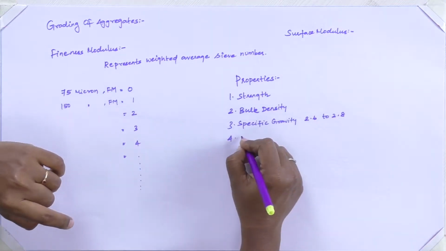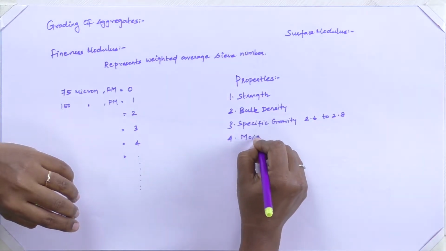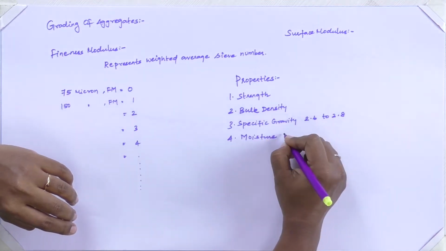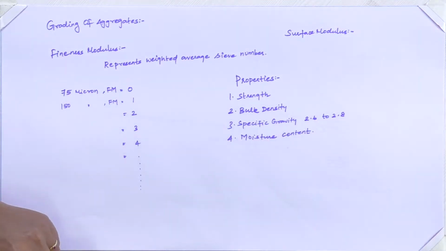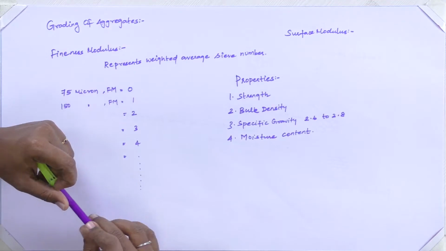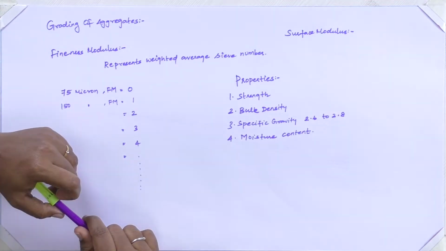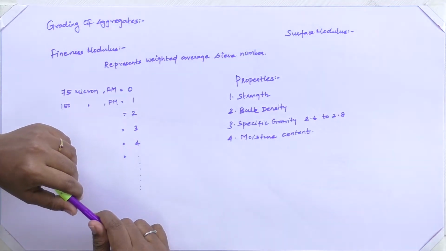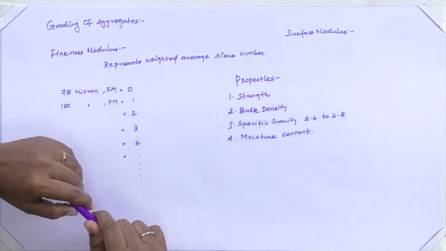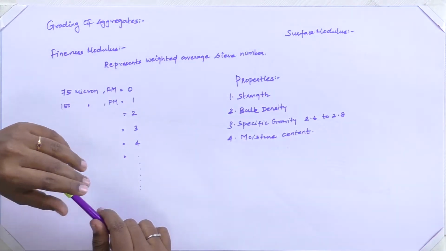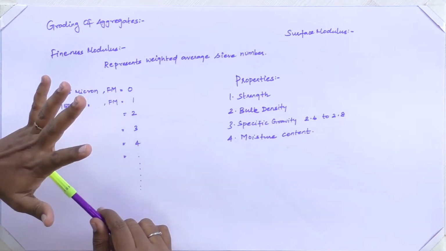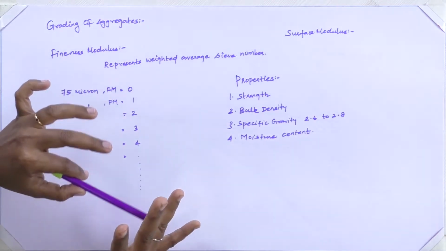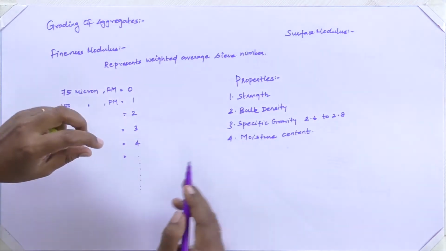Next, moisture content. Moisture content plays a major role when designing a concrete mix. Generally, we will have four kinds of aggregates.